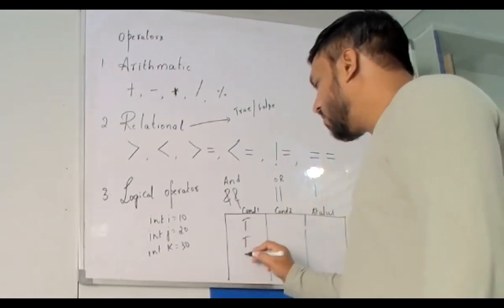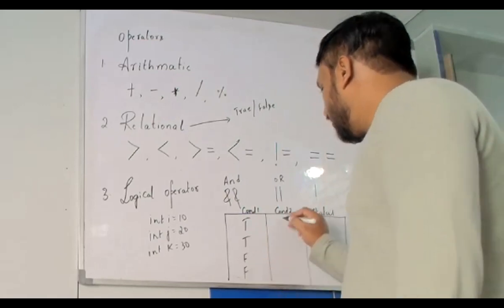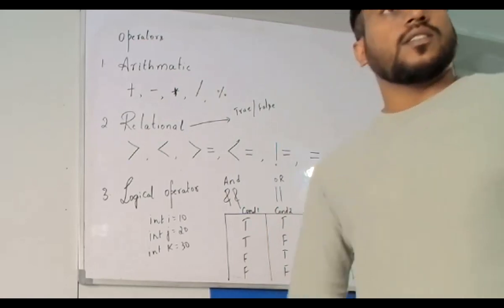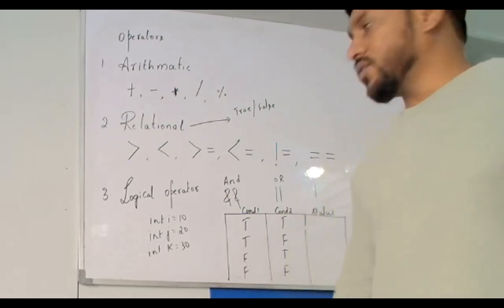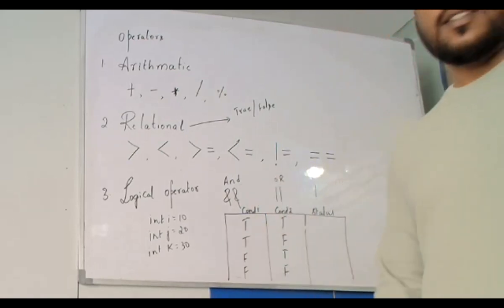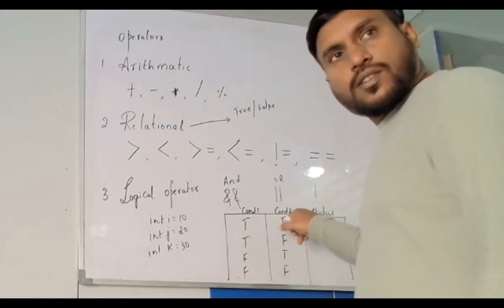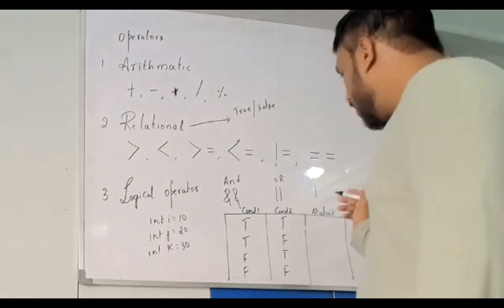True, true; true, false; false, true; false, false. Usually in the AND operator, when the first condition is true and the second condition is true, the output is true.